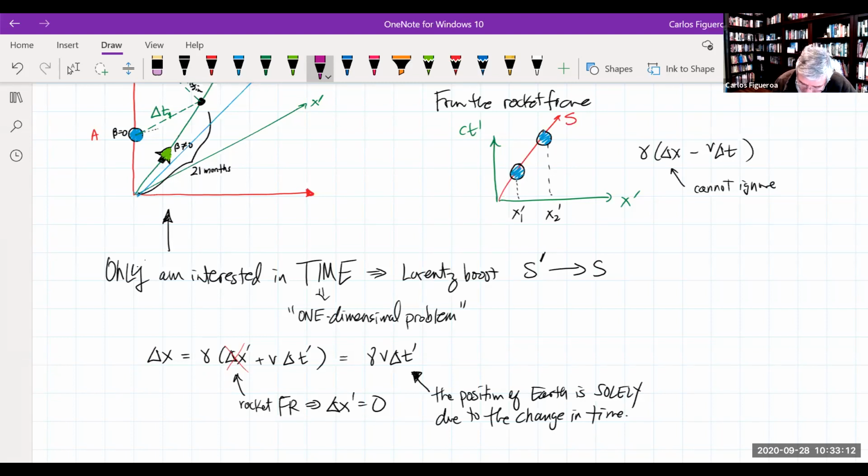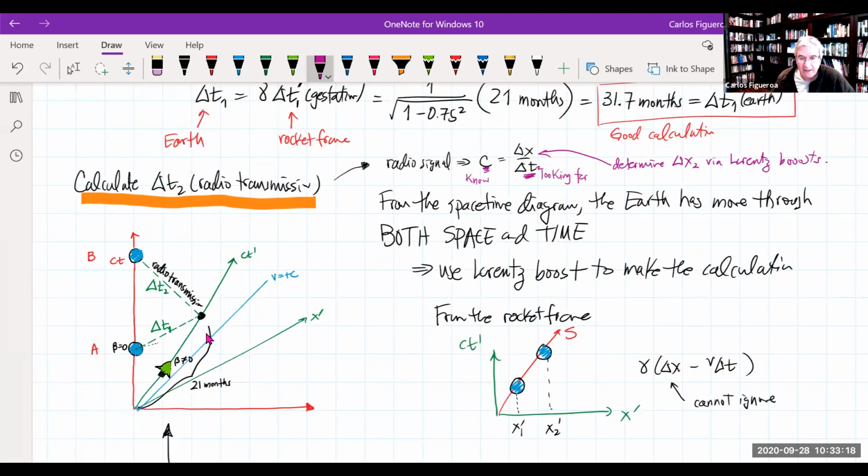So this distance, delta x2, is for what? The radio transmission. So this picture that I have right here is correct, but it's this distance right here that I'm actually computing when the Earth gets the signal.